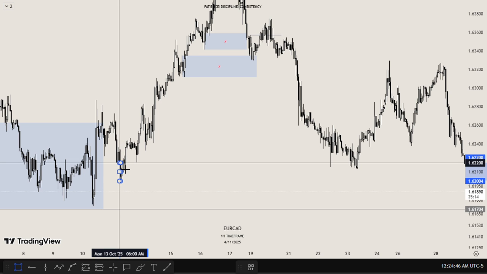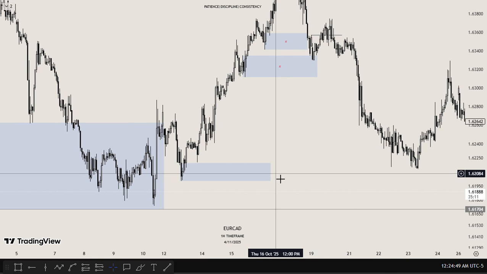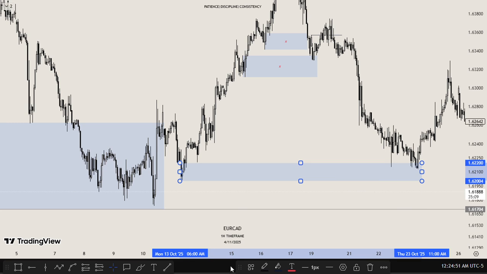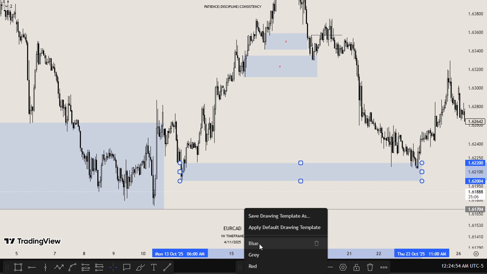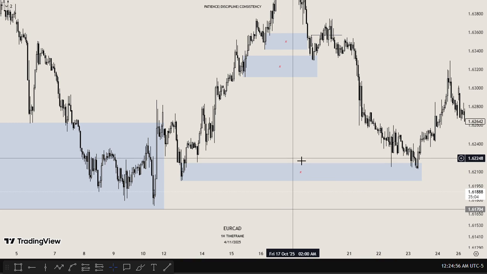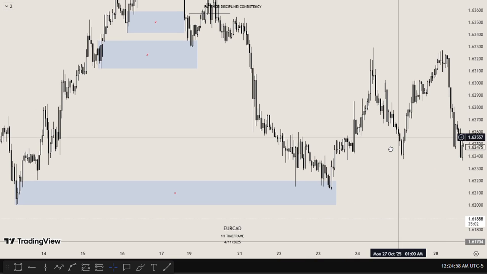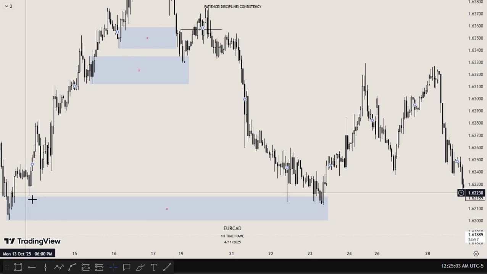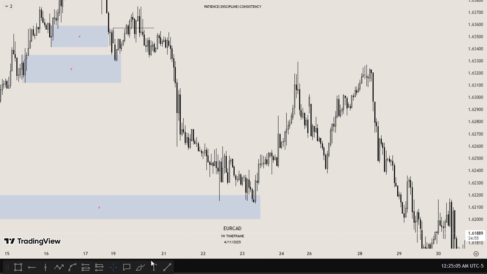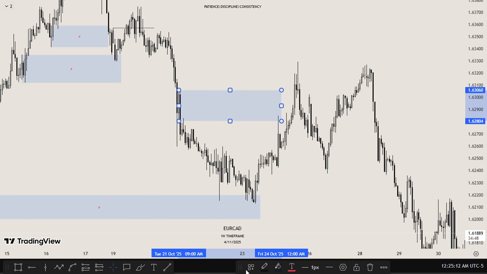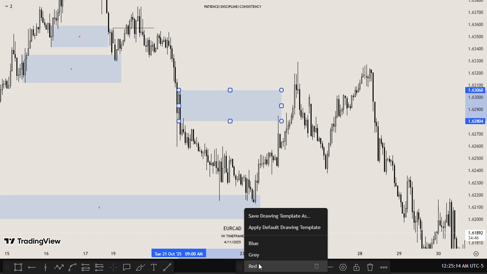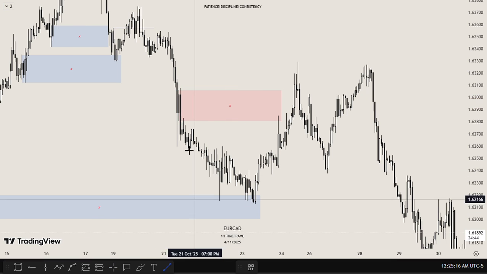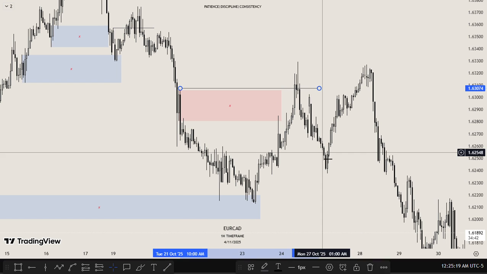From this low it holds for a short period of time, comes up, and then moves down into the sellers. Here we see them entering at this level. So if we want to sell, we need to see price come above this high.